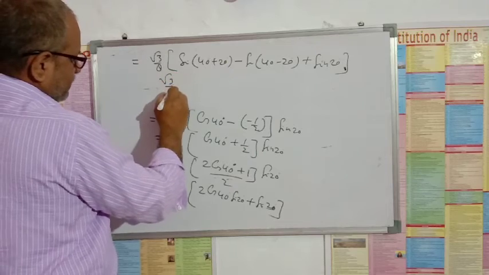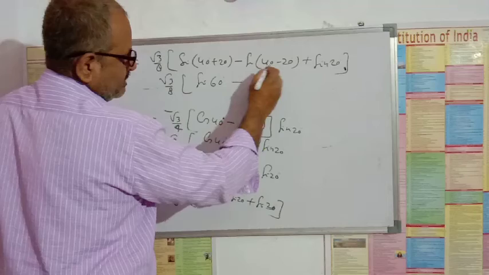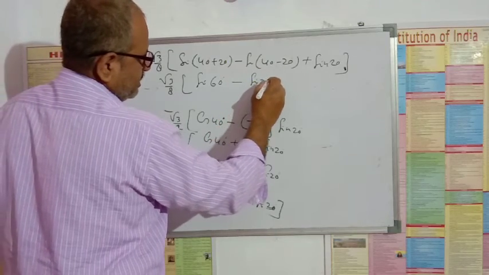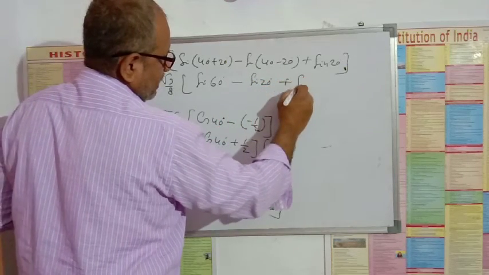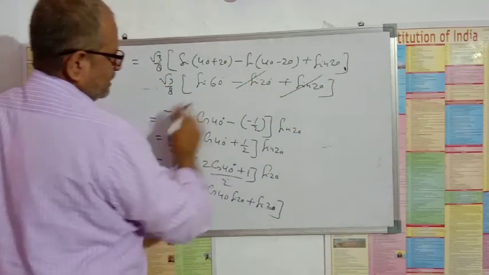So root 3 by 8, it is sin 60 degrees minus sin 20, plus sin 20 degrees. This part cancels.